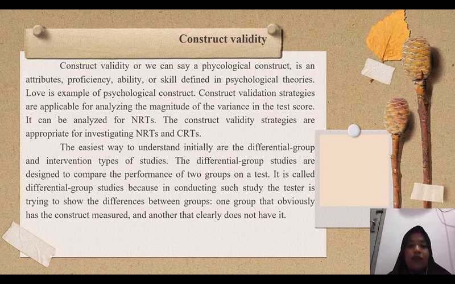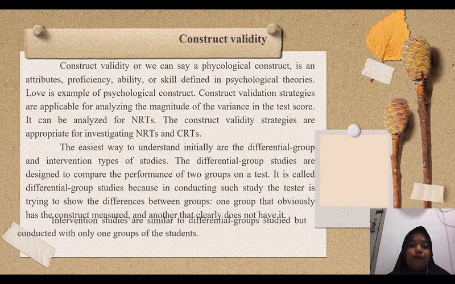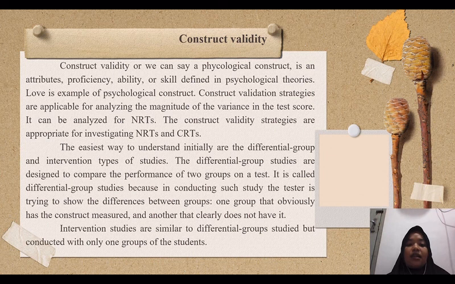It is called differential group studies because in conducting such a study, the tester is trying to show the differences between one group that obviously has the construct measured and another that clearly does not have it. Intervention studies are similar to differential group studies, but conducted with only one group of students.